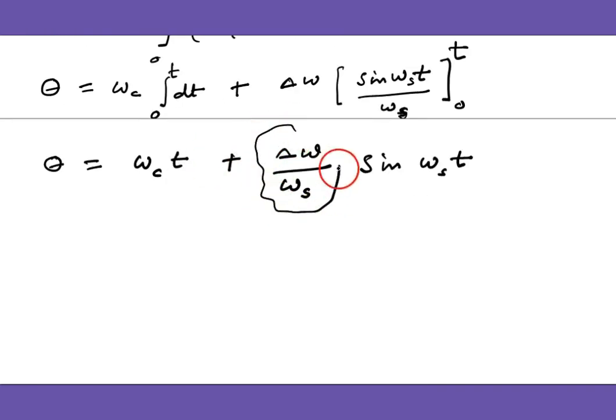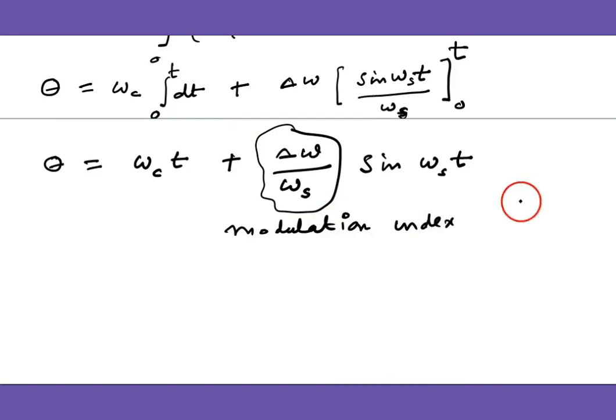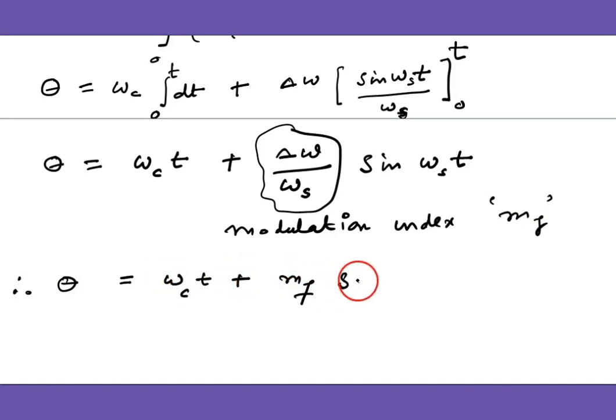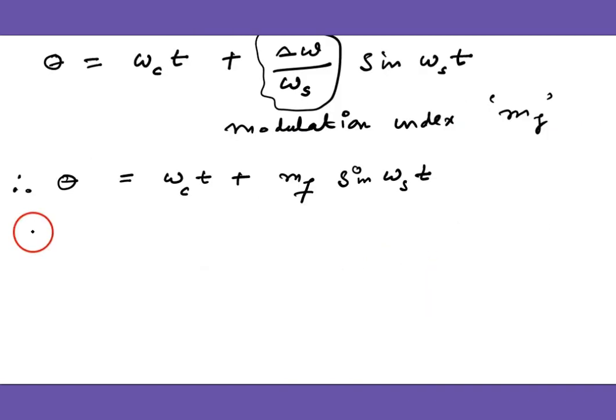So this is called the modulation index, denoted by MF. M means modulation index, F means frequency. So this is the resultant theta.